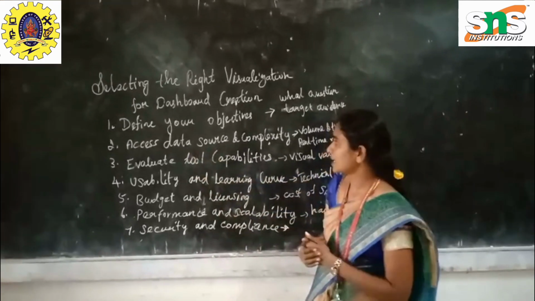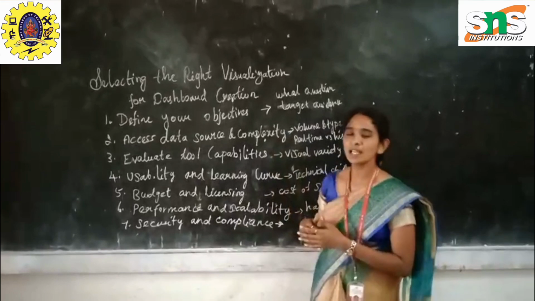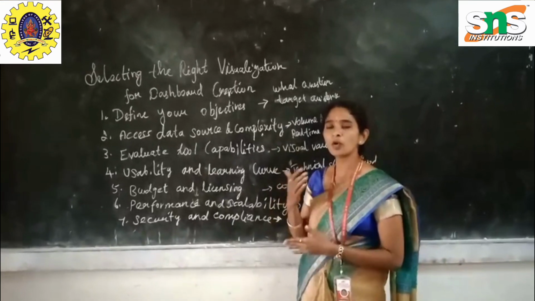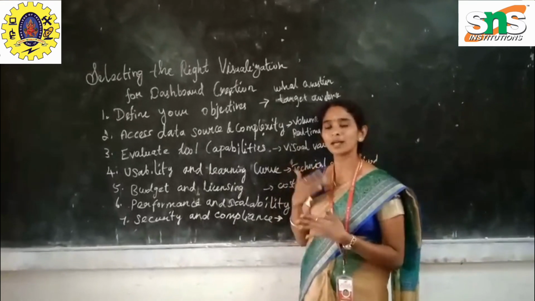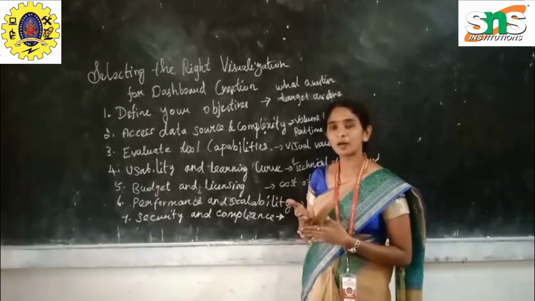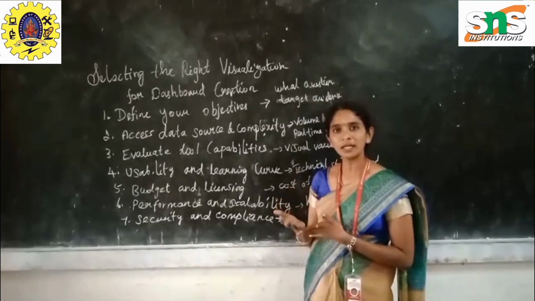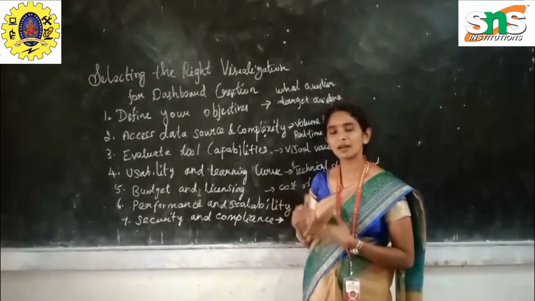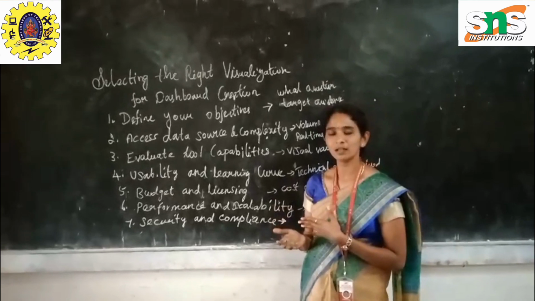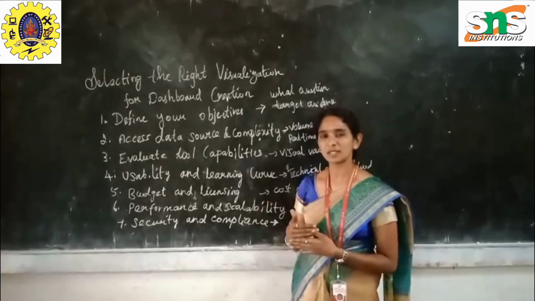The second one is data source and complexity. In the data set we have a large volume of data and many types of data. The type of data can be audio, video, structured, or unstructured. There are n types of data sets collected from websites.